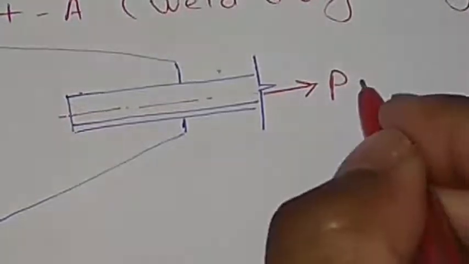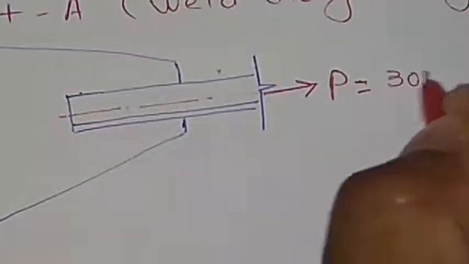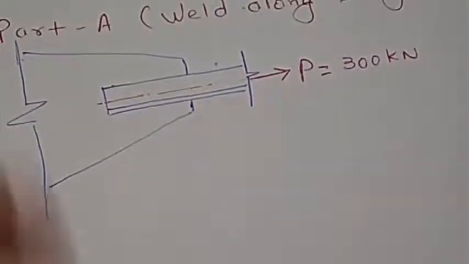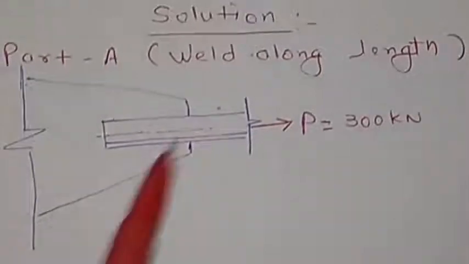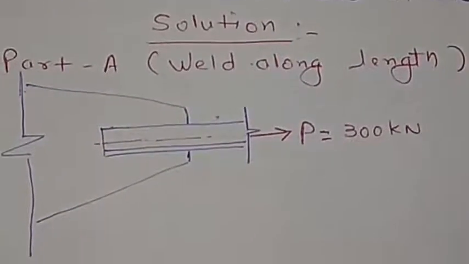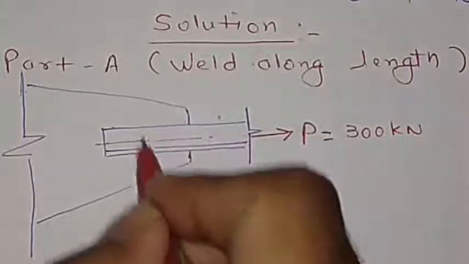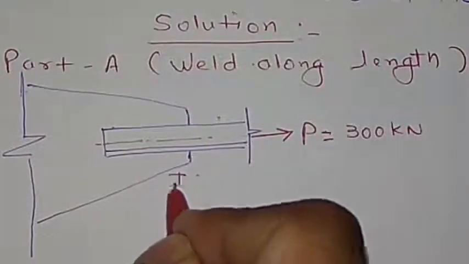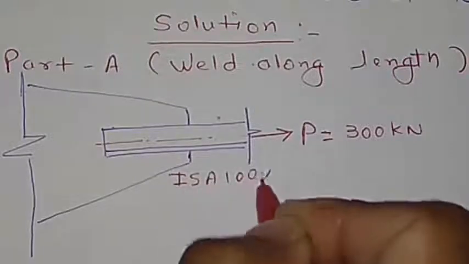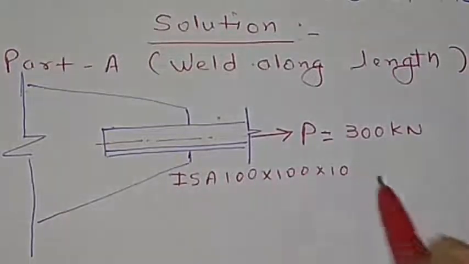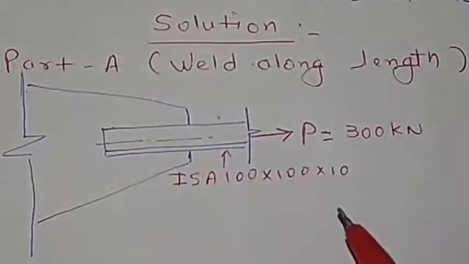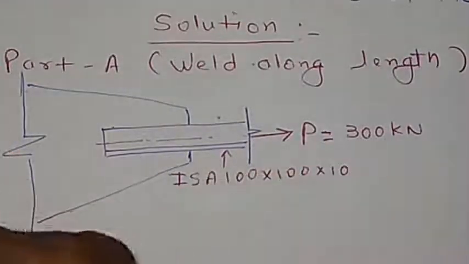Now this P is already given, that pull is 300 kilonewton. And then we have the ISA 100 by 100, and we have this 12 mm gusset plate.